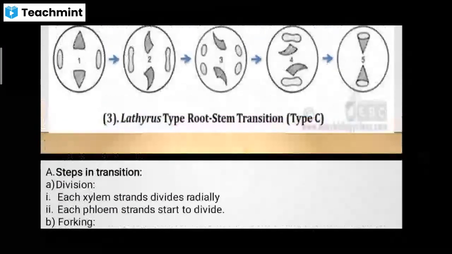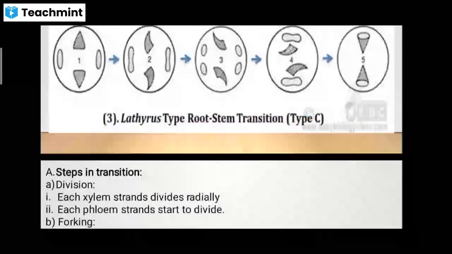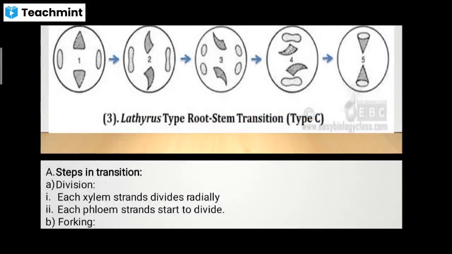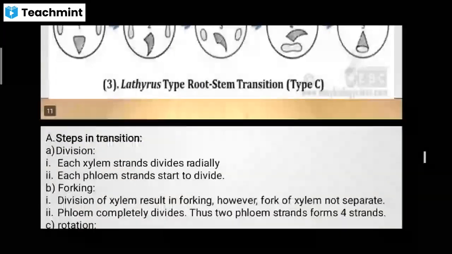So see here in figure 3, the forking takes place in the xylem, but they are not separated. The phloem strands are completely divided and form four different strands of the phloem, oval in shape.